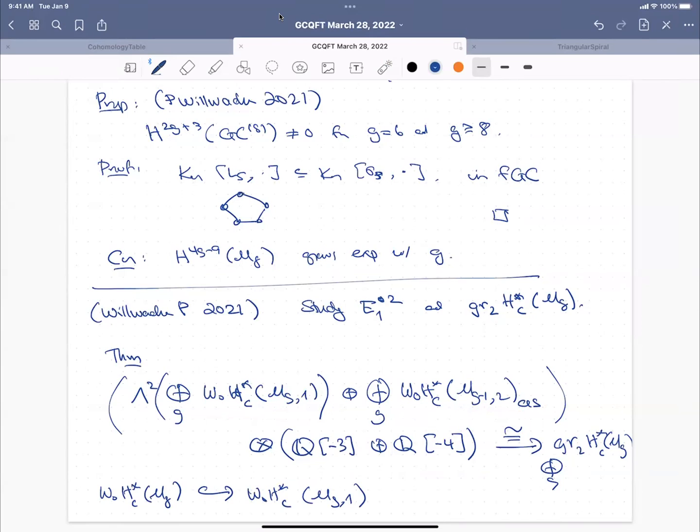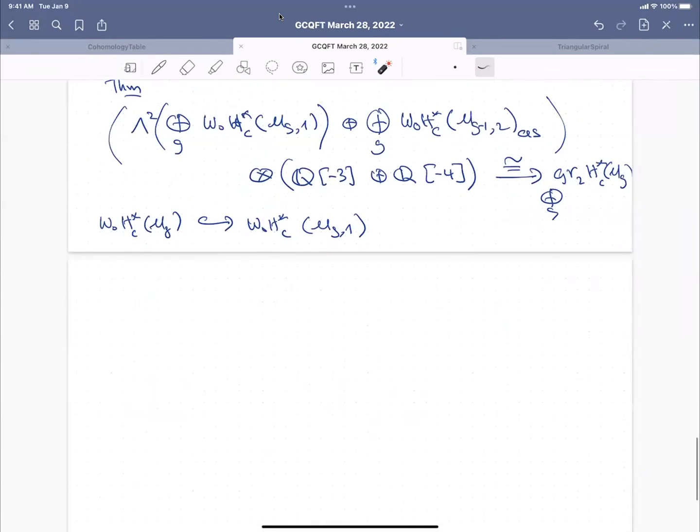So in our applications that I'll describe, we only use this subspace. We use the image of weight 0 cohomology of M_g in here. We take wedge 2 of that, and then we shift it by 3 and by 4, and we look at its image in GR_2, and that's giving us non-vanishing and lower bound results on the cohomology of M_g.